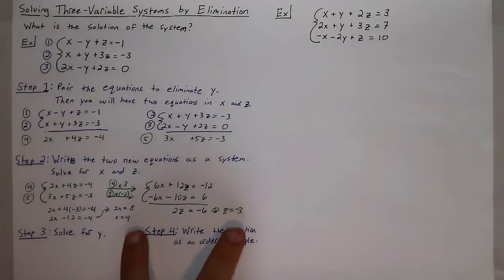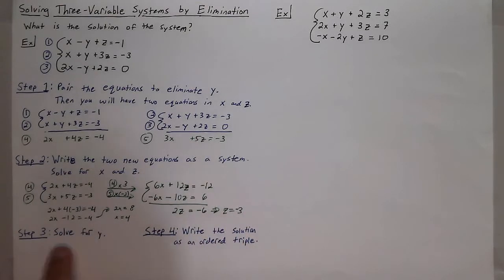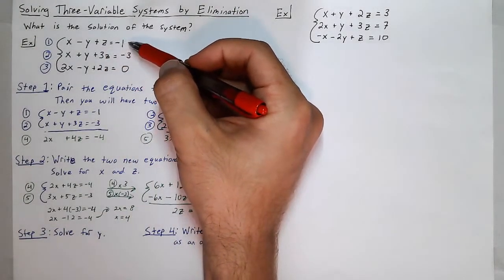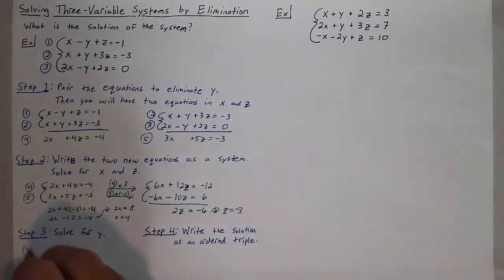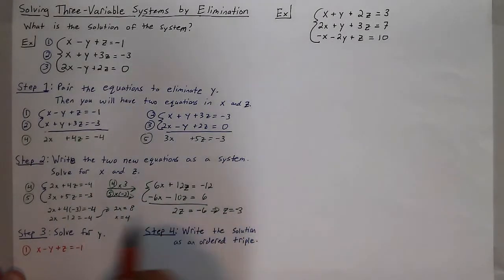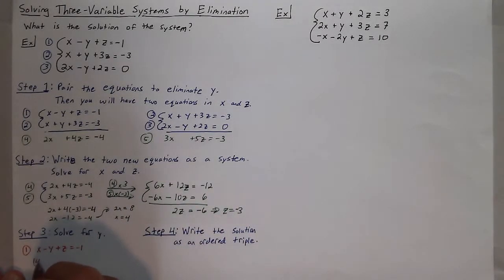And now that I have what x and z are equal to, 4 and -3, I can solve for y, which means I'm just going to go back to any of the original equations. I'm just going to use the first one, x minus y plus z equals -1, and plug in x and z, 4 for x, -3 for z, and I'll get 4 plus -3, which is 1.